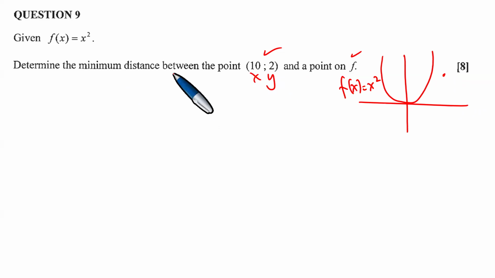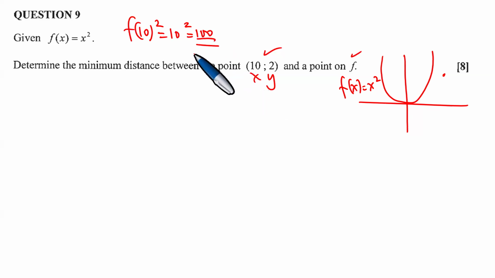When x is 10, you can do 10 squared, and 10 squared is 100. When x is 10, then y is 100 on this graph.